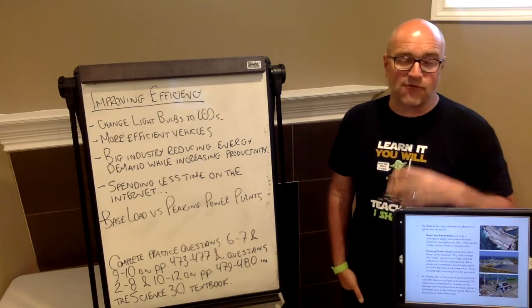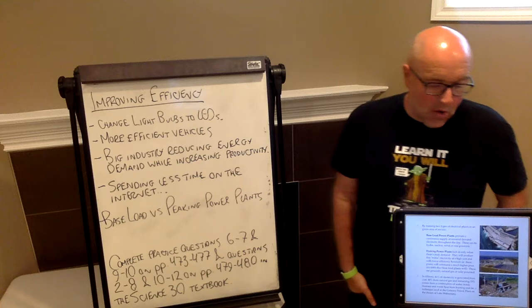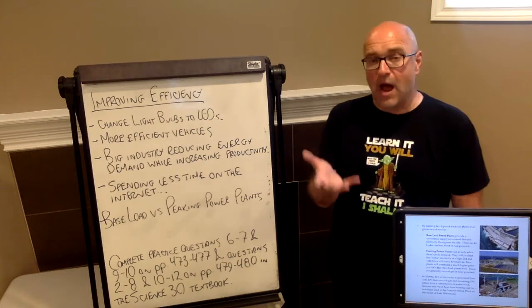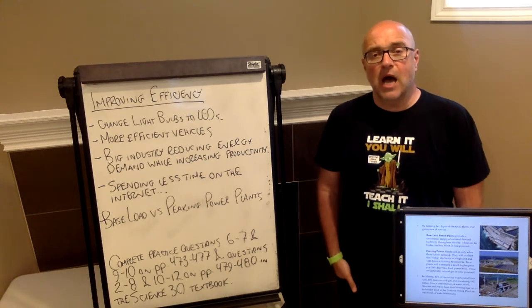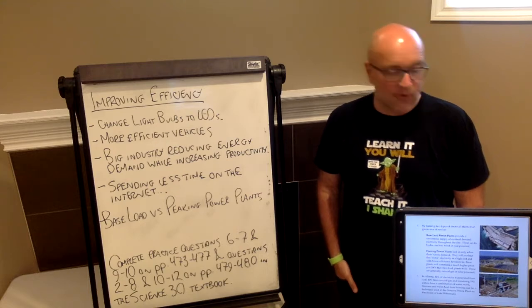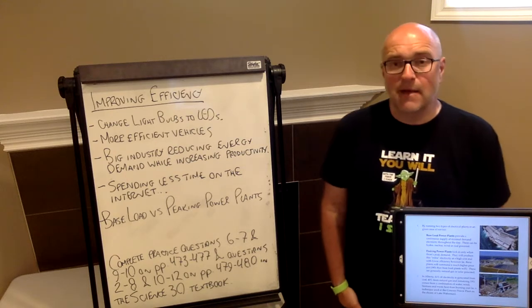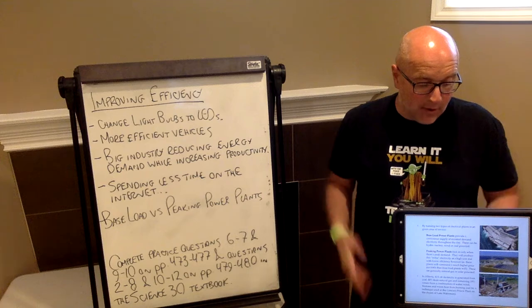Then you're only going to have to use a little bit of fossil fuel, or you could also have solar powered or natural gas in there to run those peaking power plants at those peak hours.